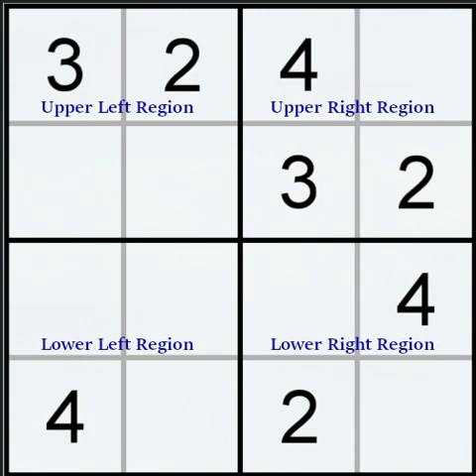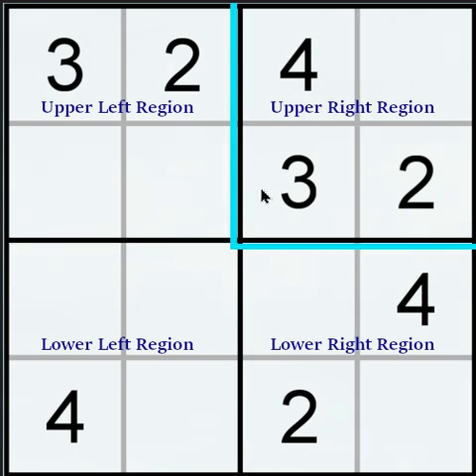We see big black lines and big gray lines. These mark the regions. The big black lines show us where the 4 small regions are. The upper left region inside the small black box has a 3, 2, an empty square, and an empty square.